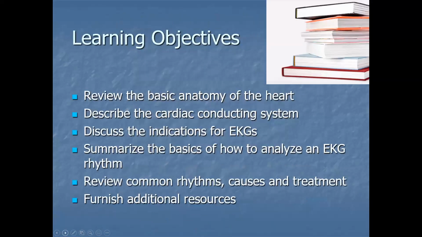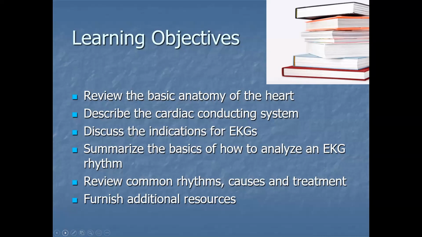So some of the learning objectives for this presentation is to review the basic anatomy of the heart. The idea behind that is this is certainly not a presentation on anatomy and physiology, but in order to understand the abnormalities that can occur, it can be helpful to understand some of the key points regarding the basic anatomy of the heart. Describe the cardiac conducting system, which is actually part of that basic anatomy.